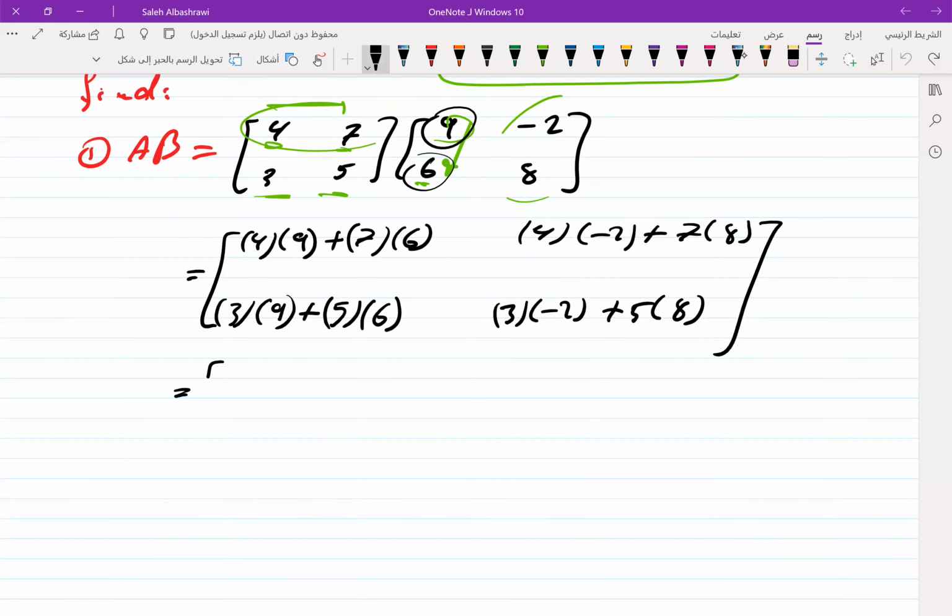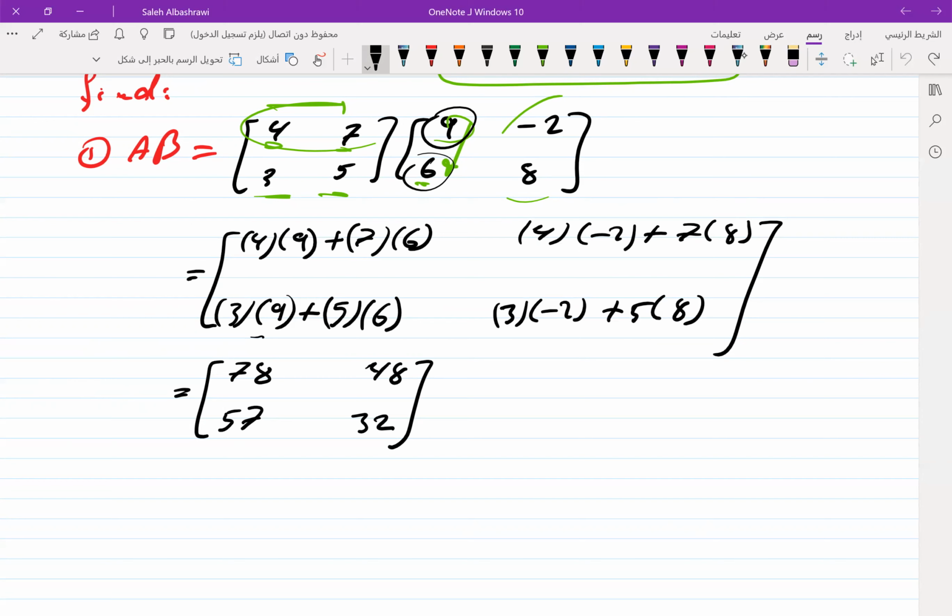Which is equal to: 36 plus 42 is 78. 4 times minus 2 is minus 8, plus 56 is 48. 3 times 9 is 27, plus 30 is 57. Minus 6 plus 40 is 34. So this is A multiplied by B.